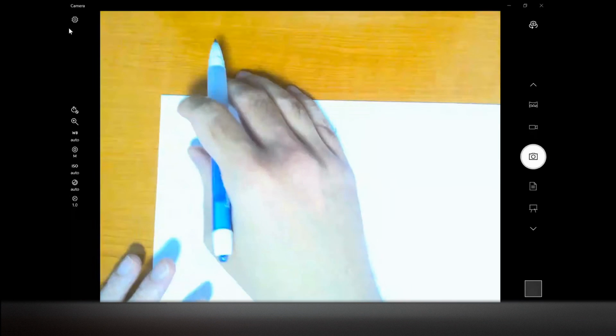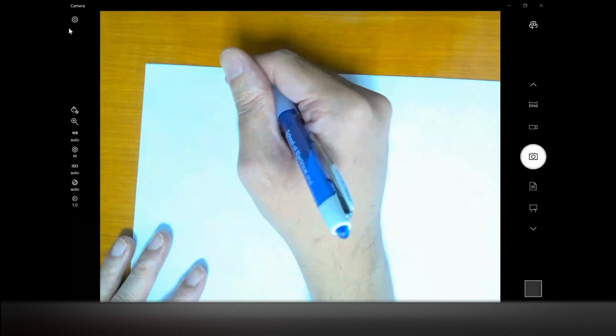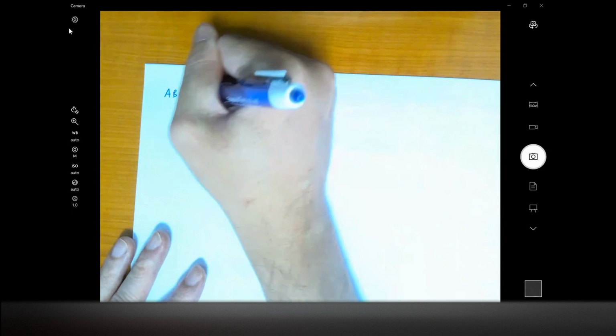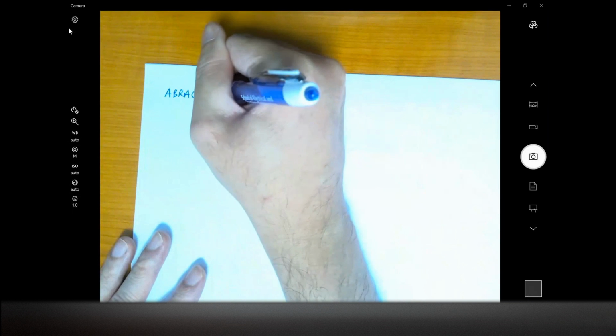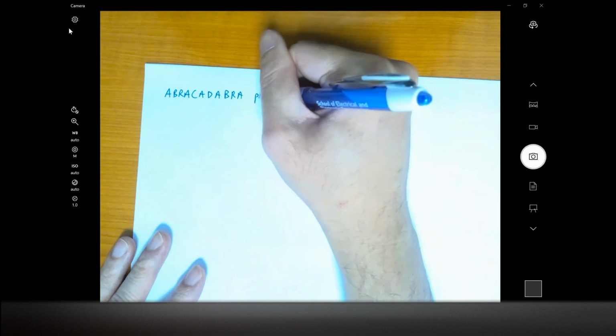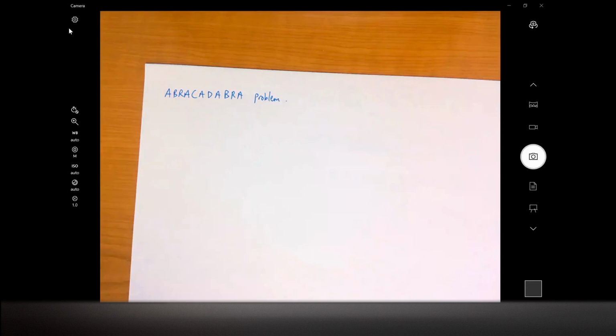Okay, so finally we will end by looking at quite a famous problem. This is called the abracadabra problem. So what is this saying?